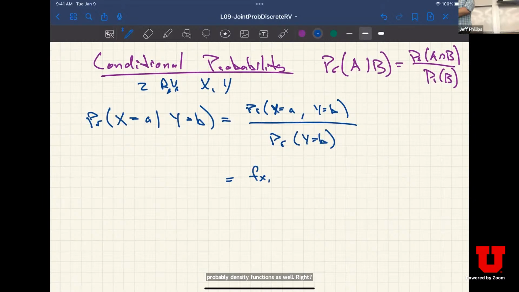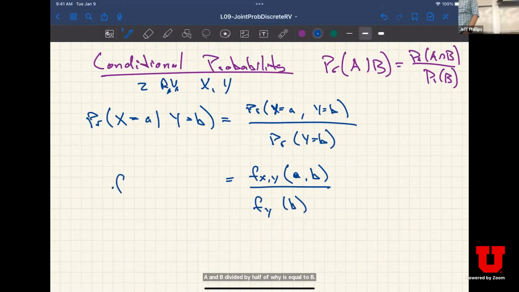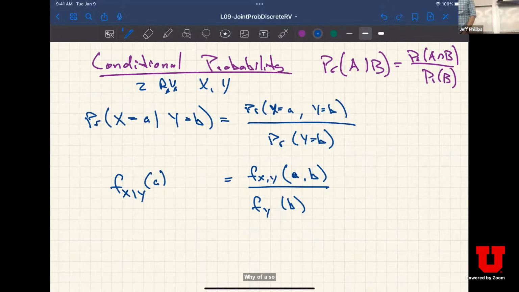So I can say f of x comma y, where x takes on the value A and y takes on B, divided by f of y at B. Sometimes we'll write this as f of x given y of A, B. Or actually what's more common is to write the y equals B in the subscript.